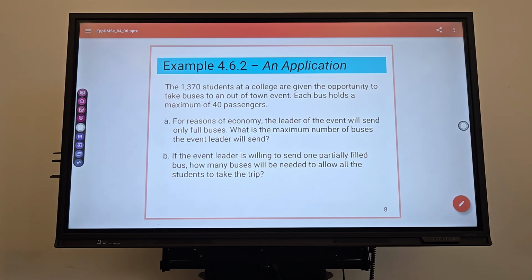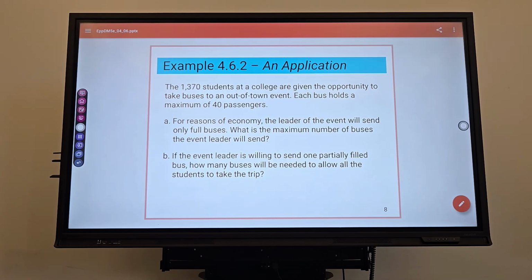What's 1,370 divided by 40? I'm sorry? 34? Did you divide it by 4 or did you? 40.